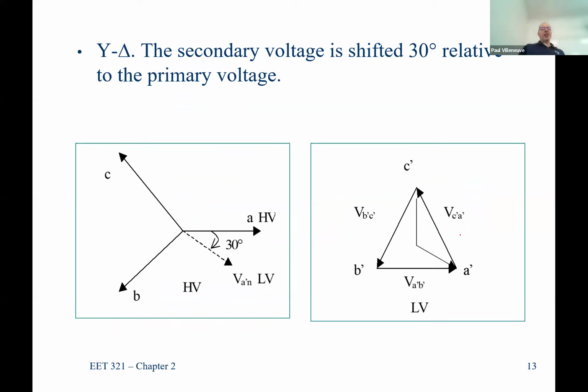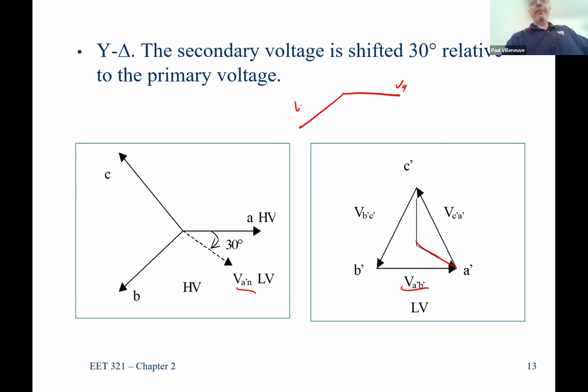I also have a phase shift from a Y or a delta because when I look at my neutral voltage here, it's 30 degrees behind when I compare that value here. But the individual voltage, the phase A voltage, is going to match, but you can see this is V A to B. And so that's how I introduce the 30-degree phase shift. If you don't see it, you can do this.